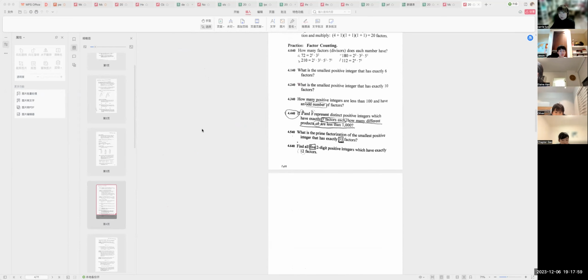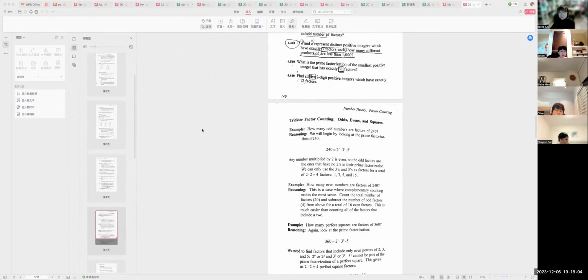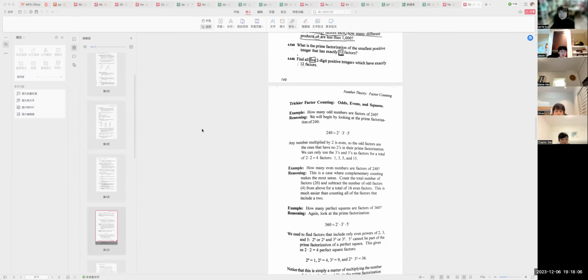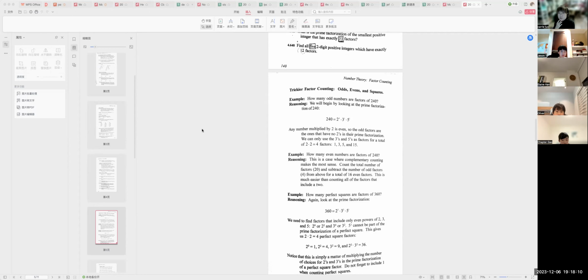Okay, so now we're going to go forward. Let's take a look at this one, okay? Trickier factor counting. Odd, even, and square. How many odd numbers are factors of 240? Okay, so before we only talked about the number of factors.